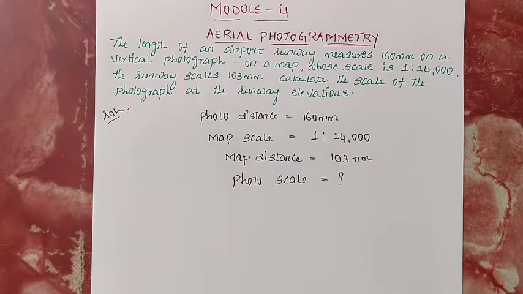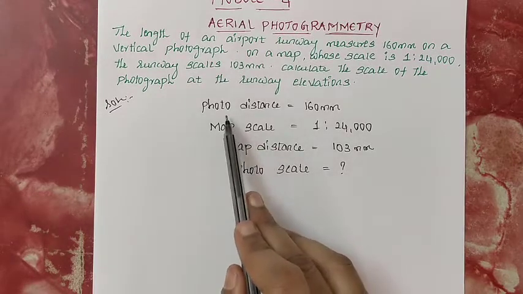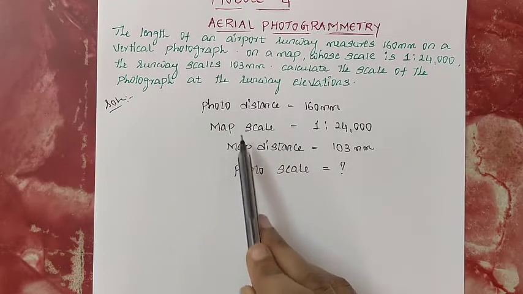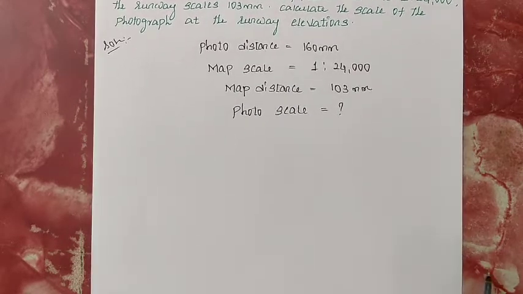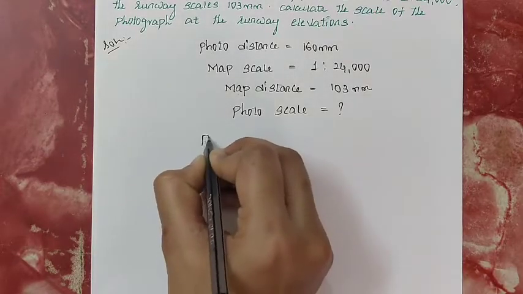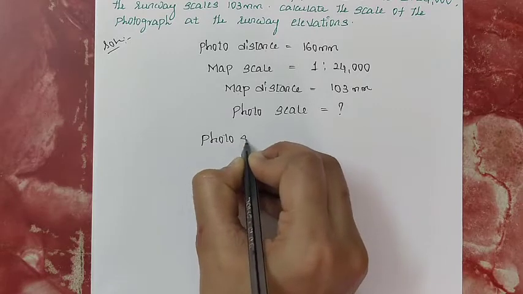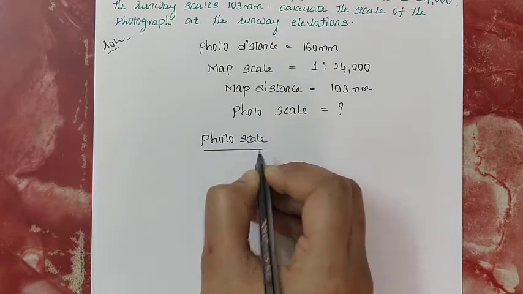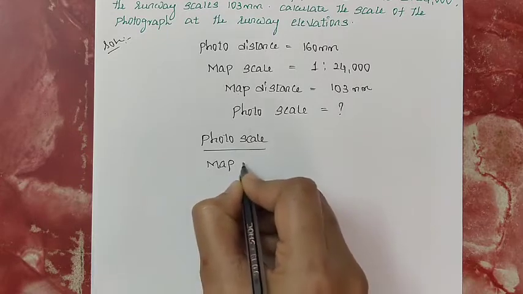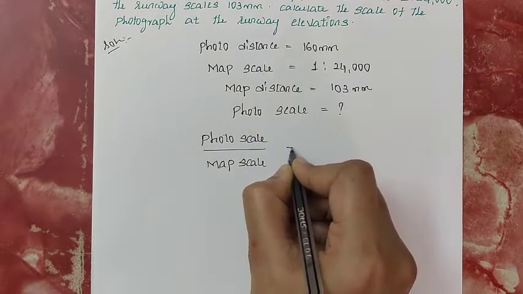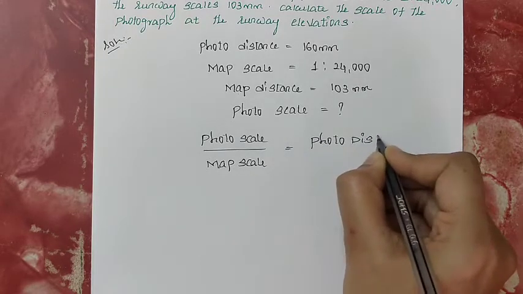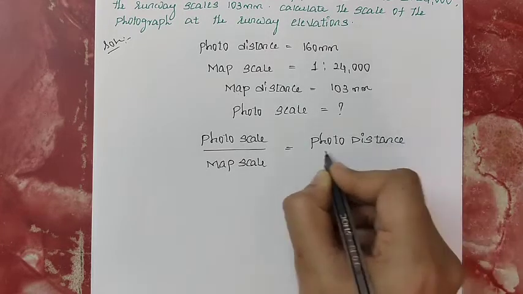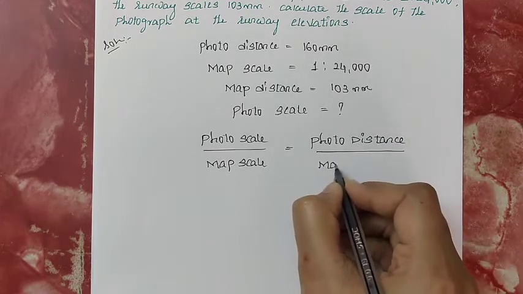Depending upon the given data, you need to use the scale of the photograph equation. You can observe in the data the photo distance, the map distance and the map scale they have given. You need to calculate the photo scale. The equation is given by: photo scale divided by map scale equals photo distance divided by map distance.